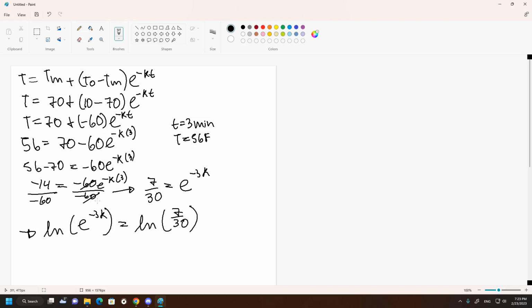Okay, now we have to cancel the exponent with the logarithm. So we have now the following equation. Now we can move the negative 3 to the other side by dividing both sides. And now we have the following.